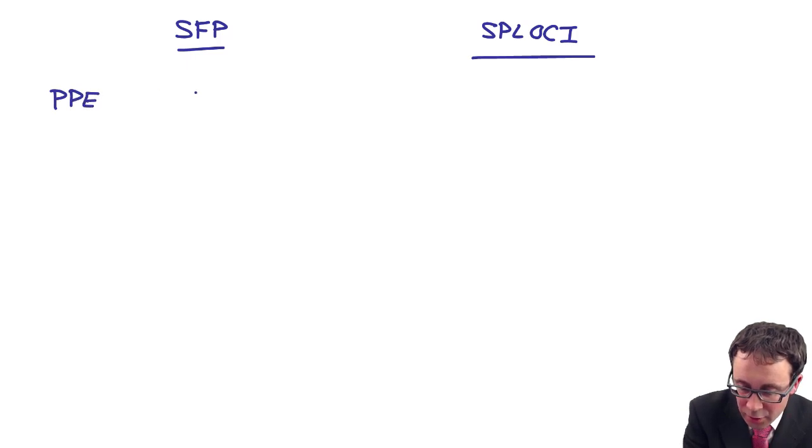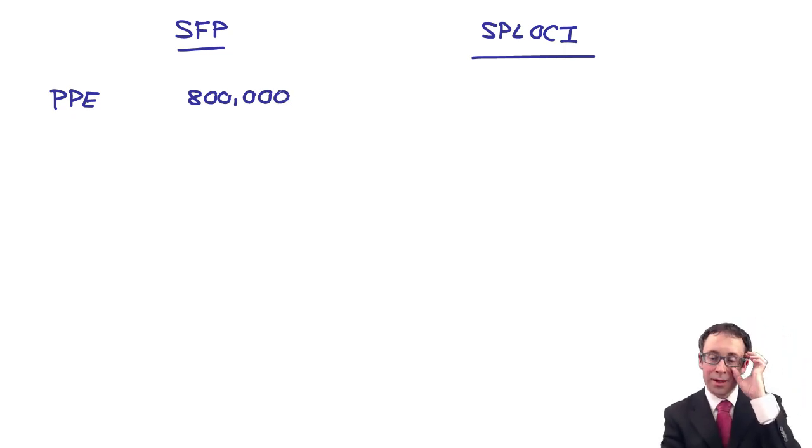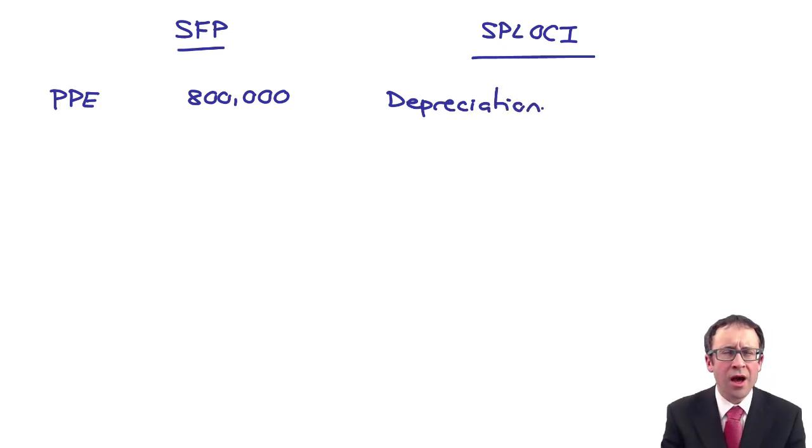The property, plant and equipment is there. Was it at 800,000? Okay. You could also, as well, I suppose, include the depreciation. Was it 470, the carrying value?